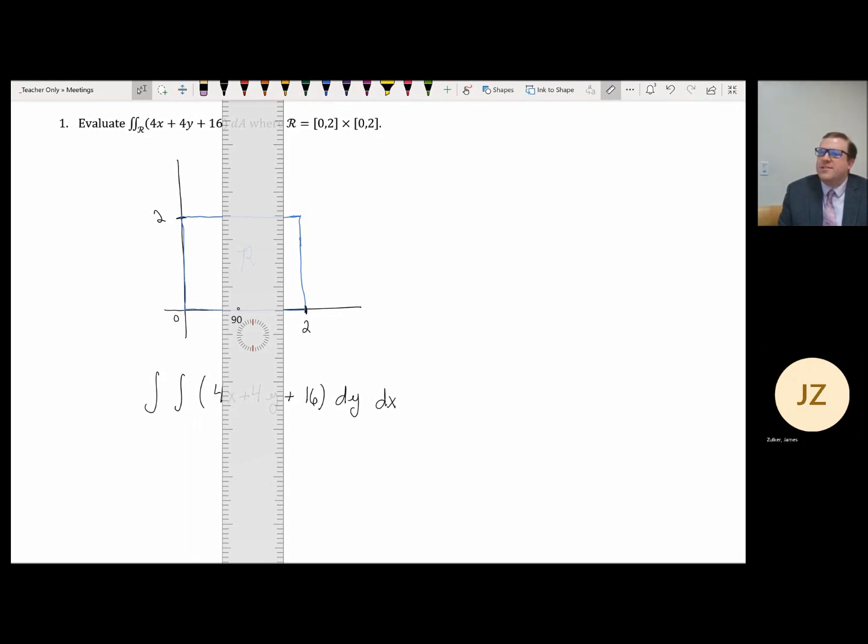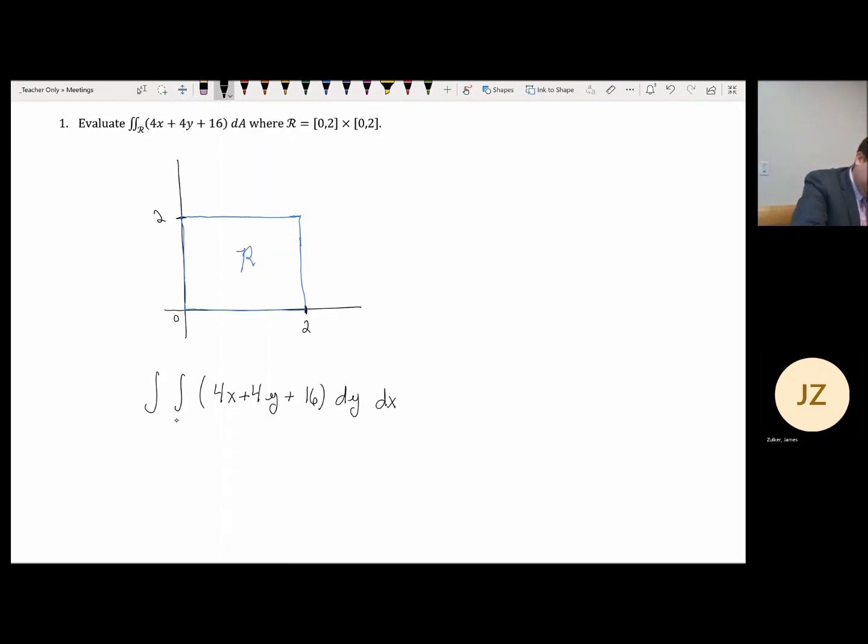Well, it goes from 0 to 2 over the entire region. So those are your bounds for y. Bounds for x are going to be, what's it ranging from horizontally? Well, again, 0 to 2. There's the iterated integral. So that's the setup.